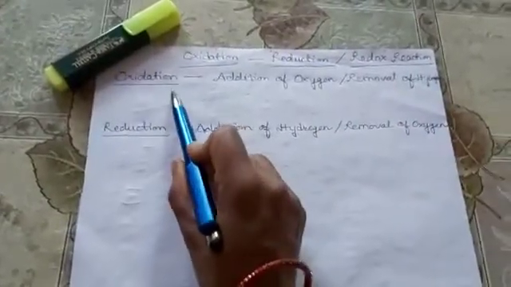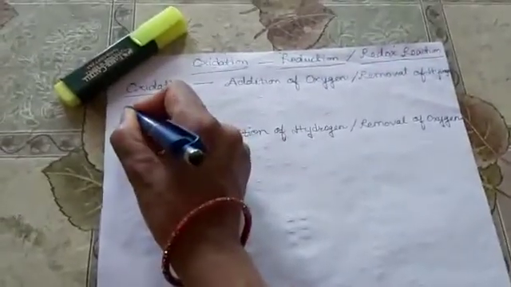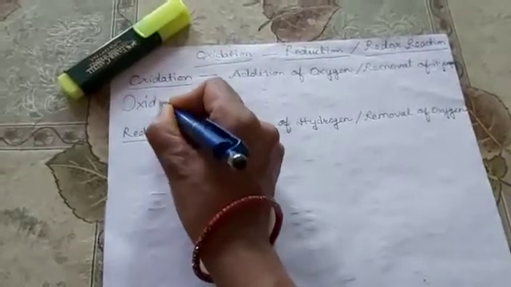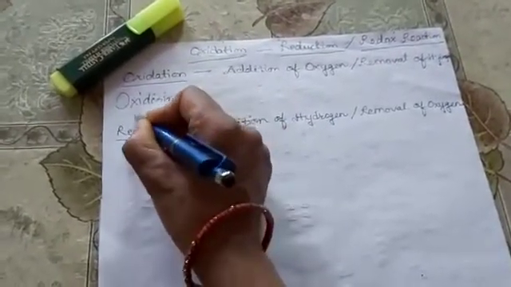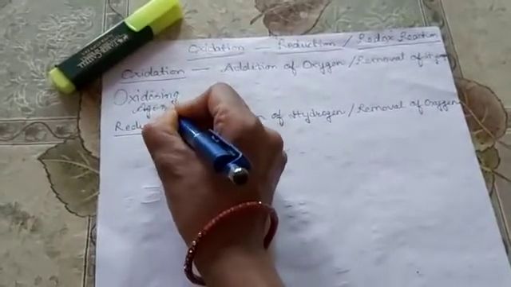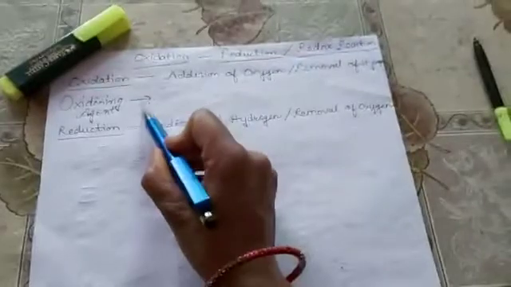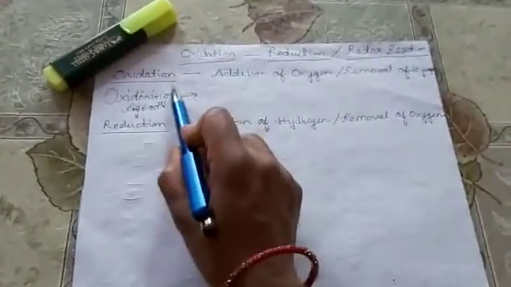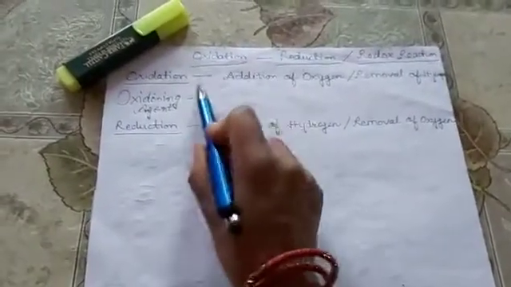Now, if in any reaction oxygen is being added or hydrogen is being removed, then there should be a source which can add oxygen to that compound or help remove the hydrogen from that compound.